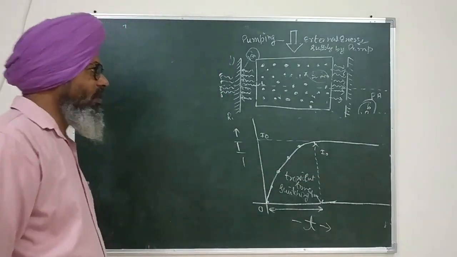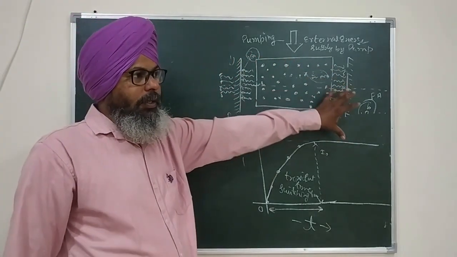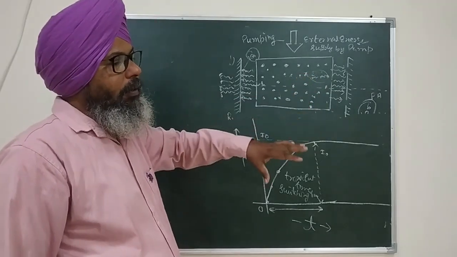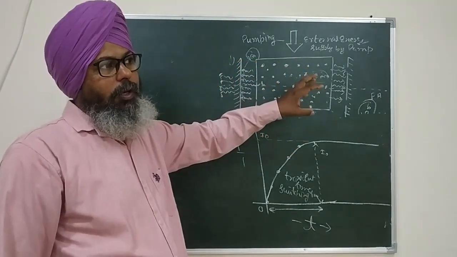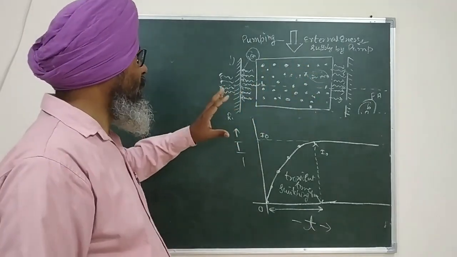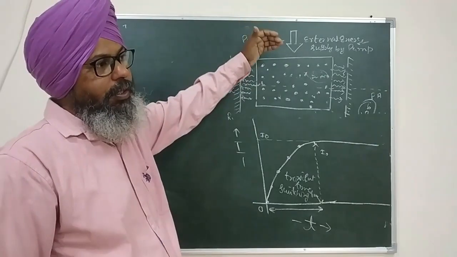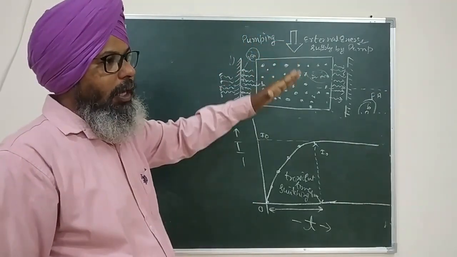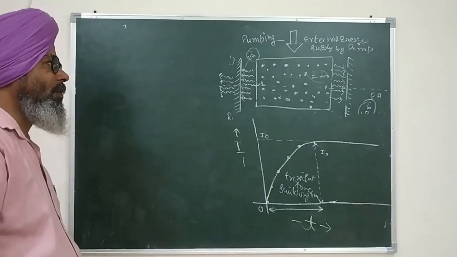The answer is very simple, because the number of active centers in this material depends upon two things. Number one, what is the size or volume or mass of the substance. Number two, what is the capacity of the pump, or how much energy per unit time, per unit volume is incident on the laser material.